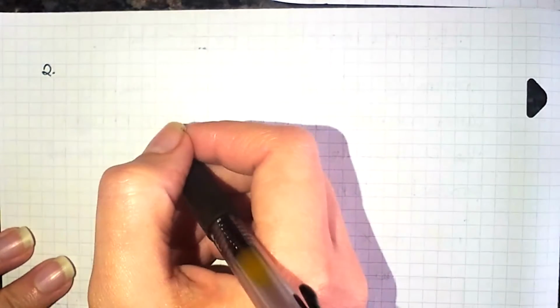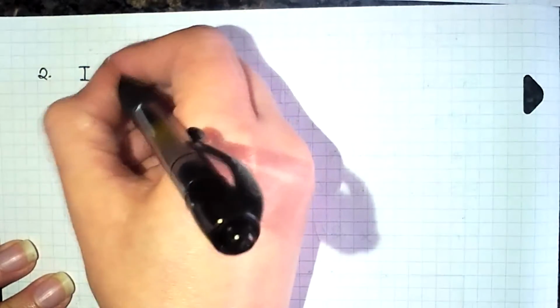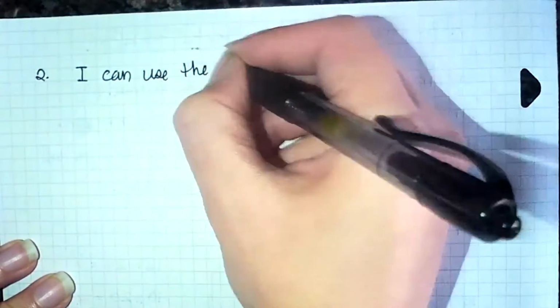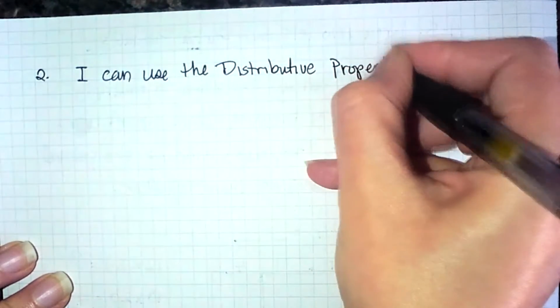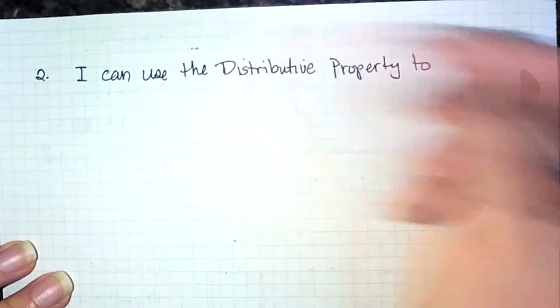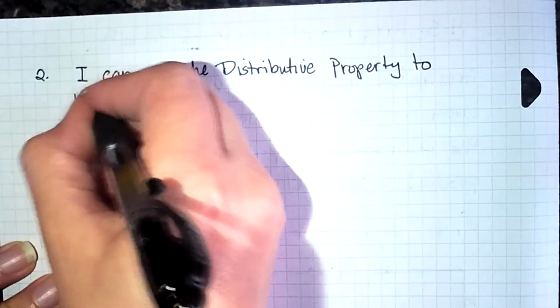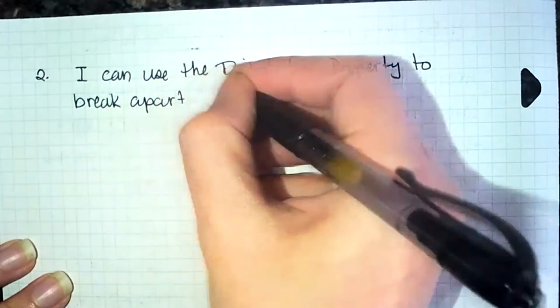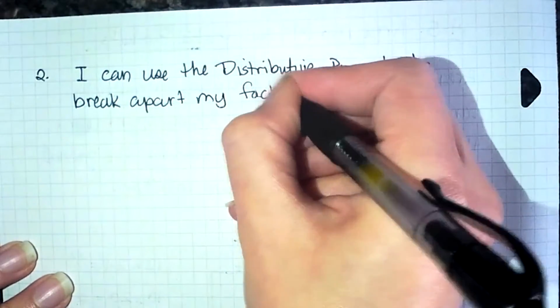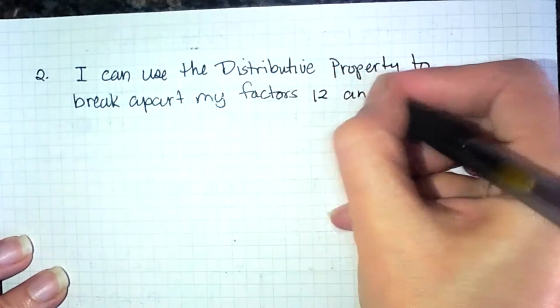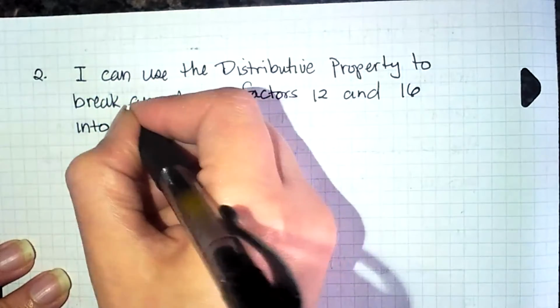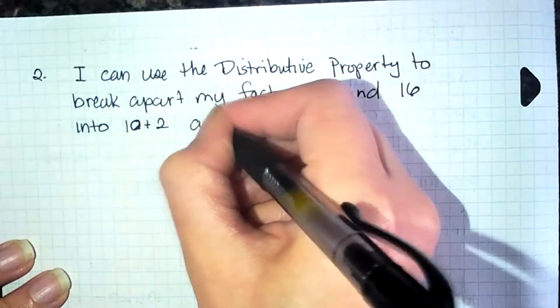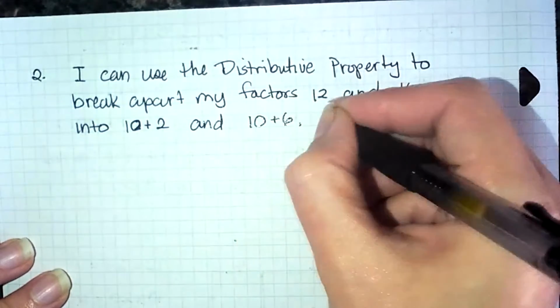So we're going to use 12 times 16 as our example to explain how it's going to help us. I can use a distributive property to break apart my factors into 10 plus 2 and 10 plus 6.